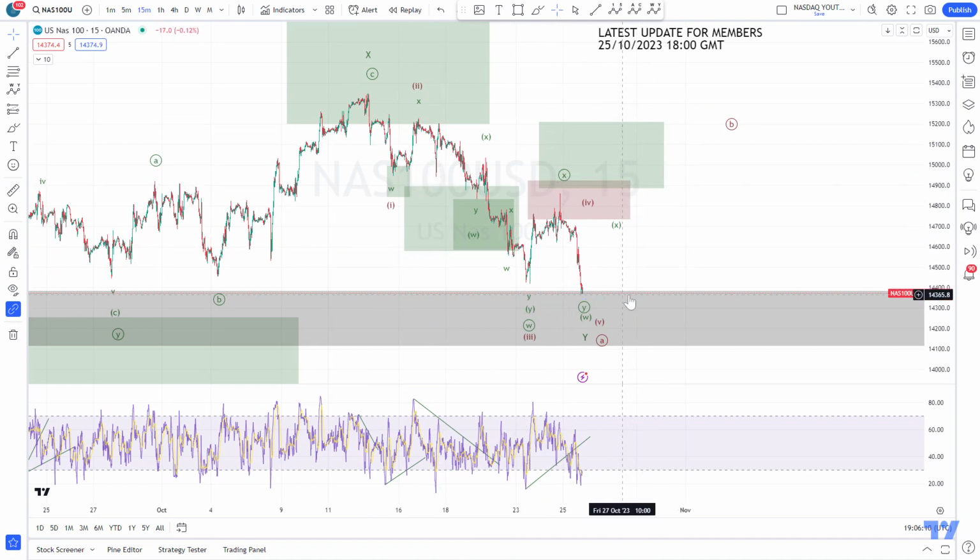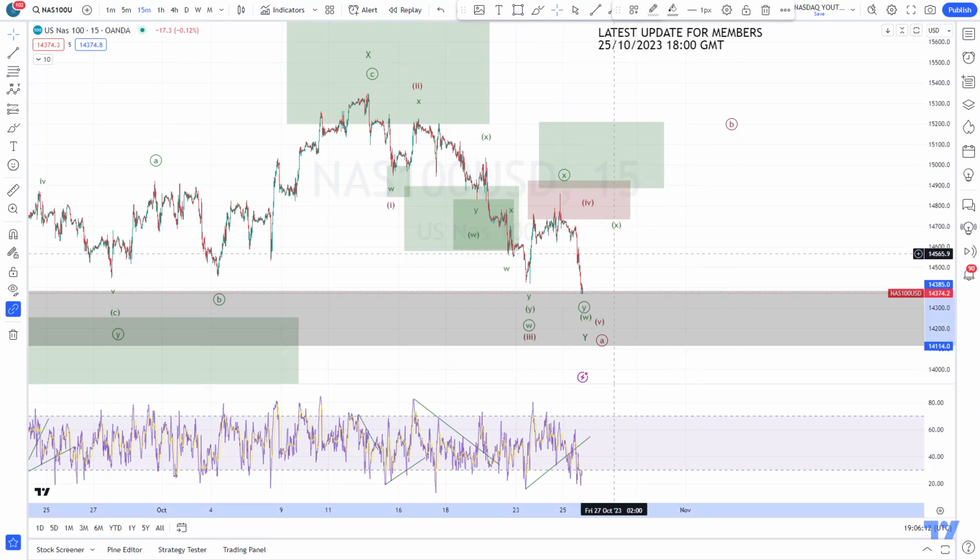I'm just sharing this because I would expect that something happens here at the resistance zone, some kind of reaction to the upside, and then the danger is to short the fourth wave here, the next fourth wave, or this wave X.